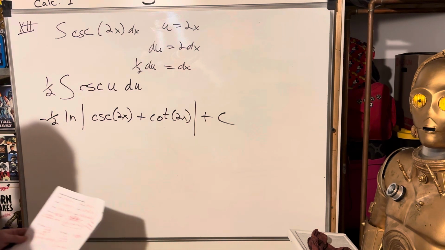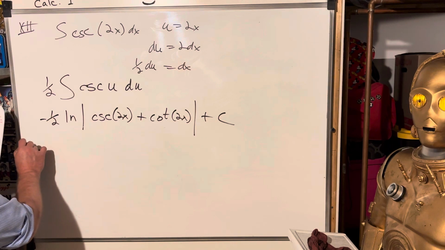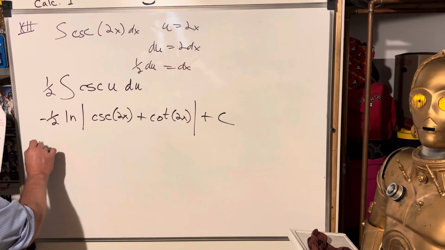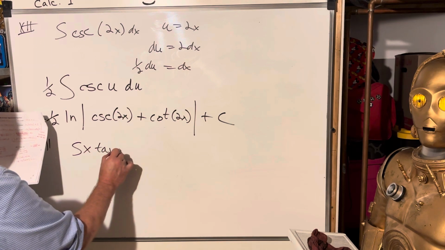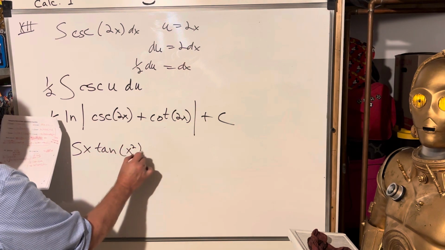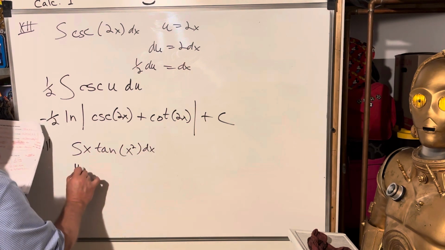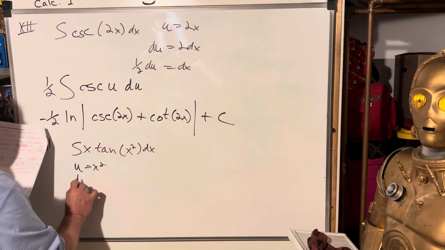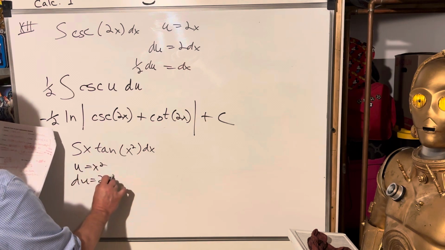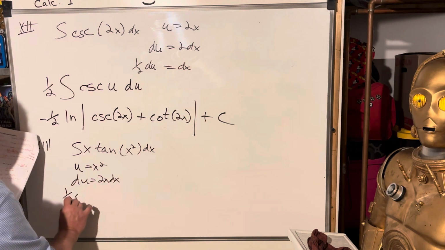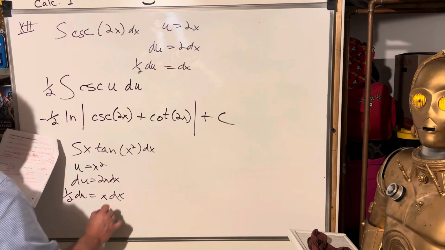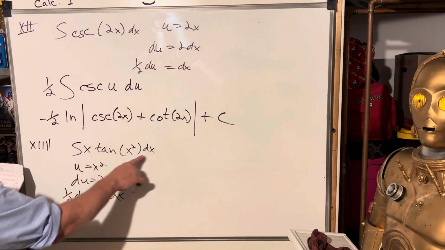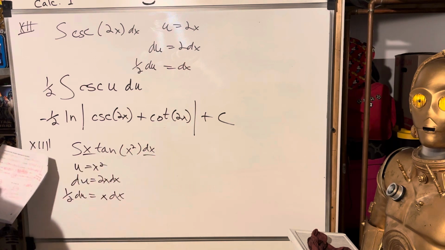All right, and then the last one on this page, on 34, is x tan of x squared dx. So u is equal to x squared, du is equal to 2x dx. So 1/2 du equals x dx, and we got the x and the dx up there.